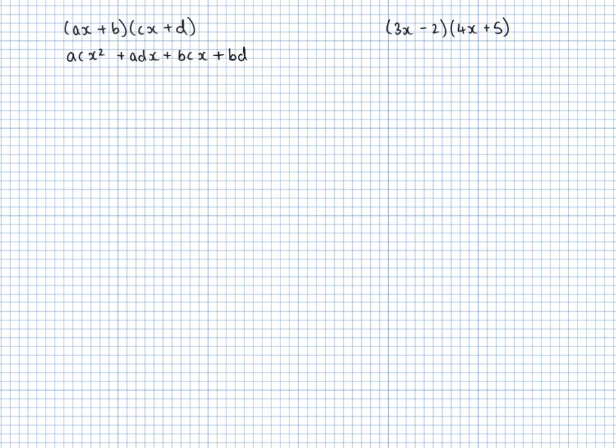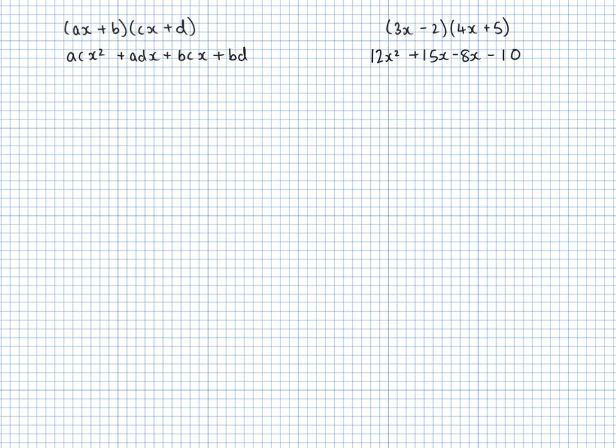And I'm going to do the same to this one. I'm going to have 12x squared. 3x times 5 is plus 15x. Negative 2 times 4x is take away 8x. And negative 2 times 5 is negative 10.